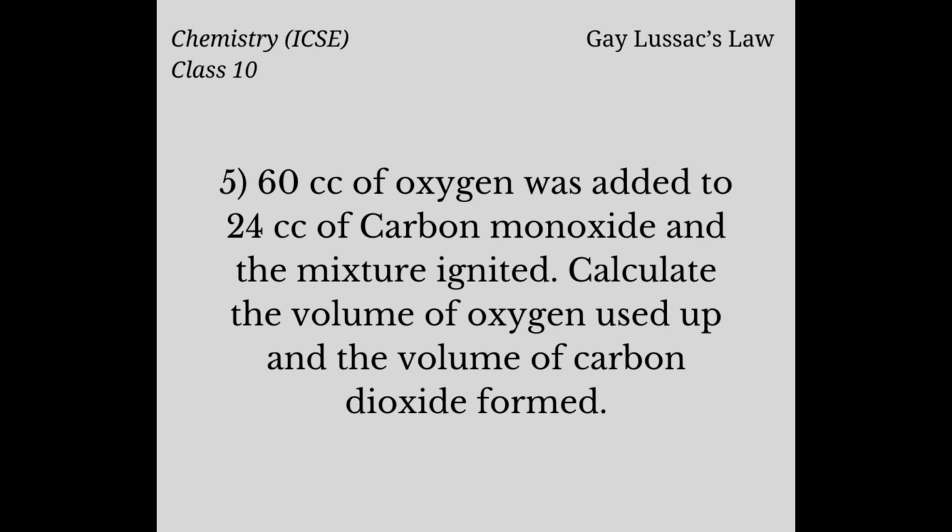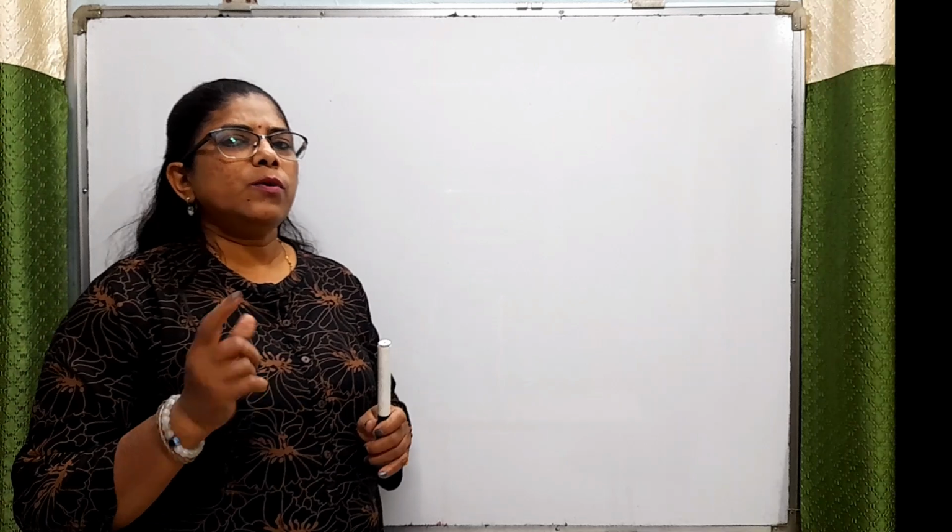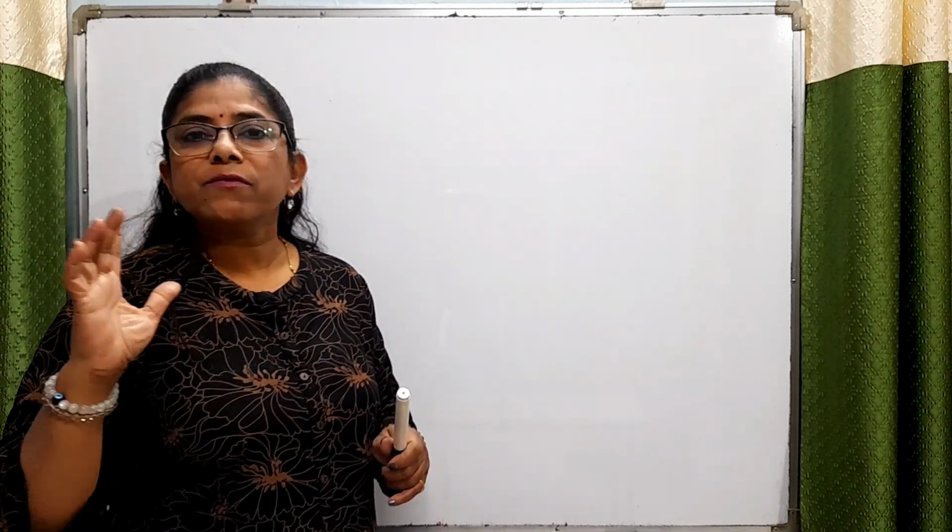60 cc of oxygen was added to 24 cc of carbon monoxide and the mixture ignited. Calculate the volume of oxygen used up and the volume of carbon dioxide formed. Now here carbon monoxide is reacting with oxygen to form carbon dioxide.